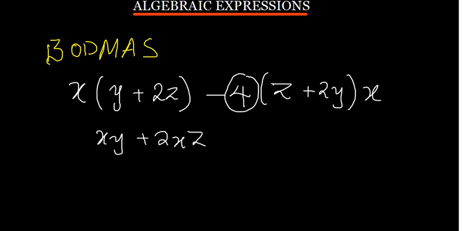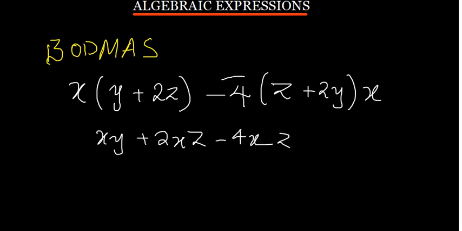This negative 4 times this x. So this x which is outside, I can also write it here. It's the same thing, alright? So we're going to have negative 4 times x, that's negative 4x. So that negative 4x we're going to multiply by z. So we're going to have negative 4xz.